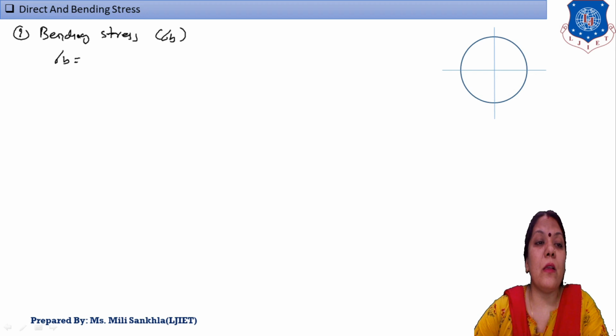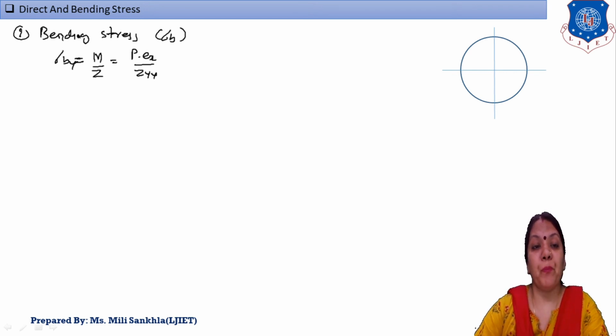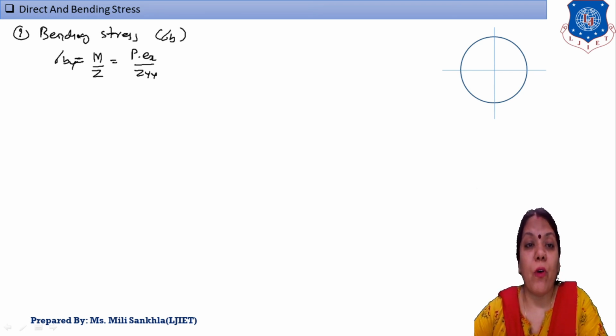Sigma b is equal to M by Z. Here eccentricity is given, that is ex, so we find the section modulus about the y-axis, and also our bending stress is about the y-axis. First we find Zyy, which is inertia about the y-axis divided by y.